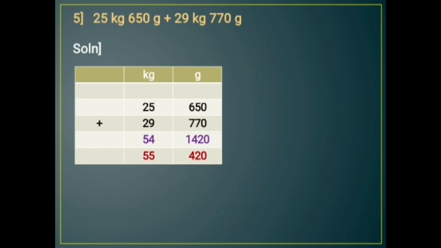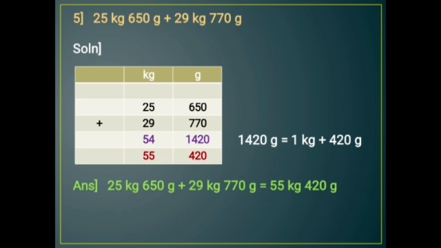Next, question number 5, 25 kg 650 gram plus 29 kg 770 gram. So we will draw the columns. 25 kilogram in one column, 650 in another column, plus 29 in one column and 770 in another column. So when we add 650 plus 770, we get the answer here as 1420, and 25 plus 29 is 54.